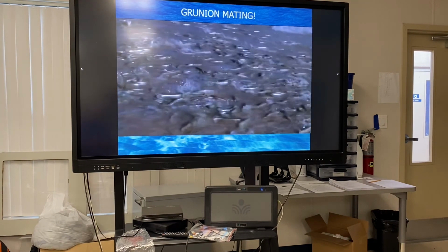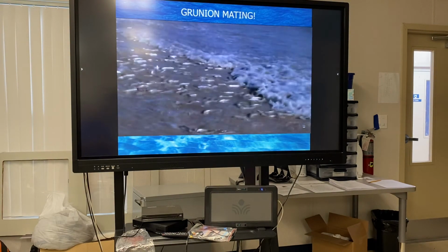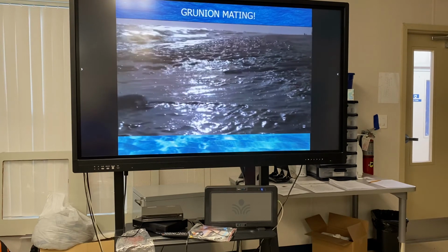It will be 2 weeks before the tide reaches this height again. The eggs will then hatch and the fry return to the ocean.